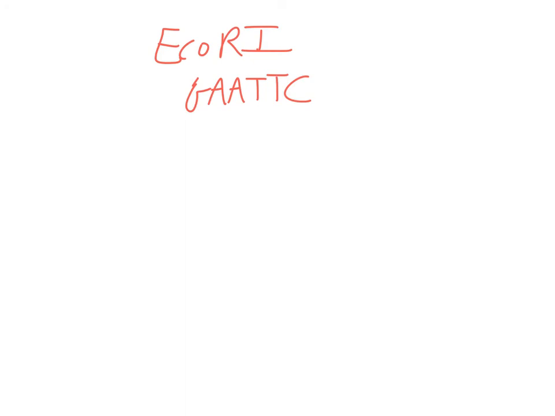So how frequently will you find that sequence in the genome? How frequently do you find its restriction site in the genome? On average, it's 1 in how many base pairs?